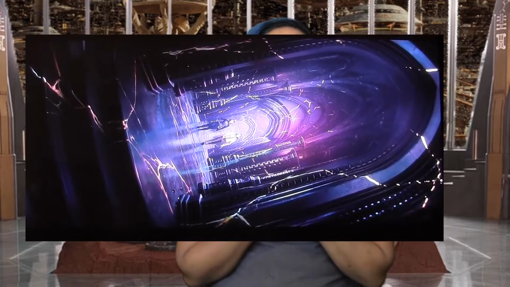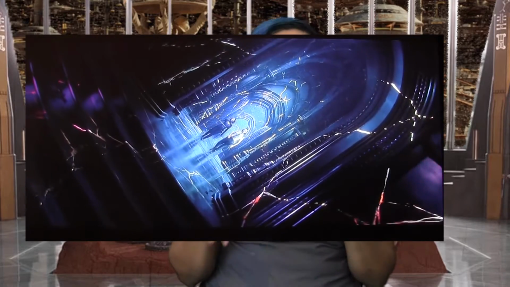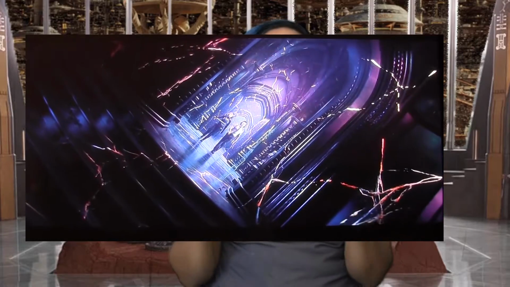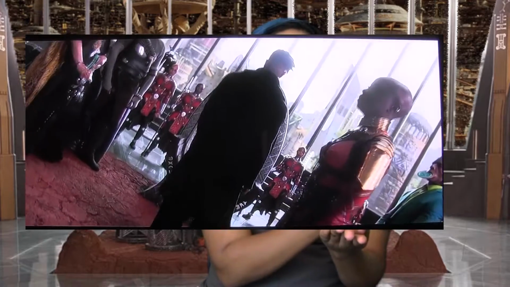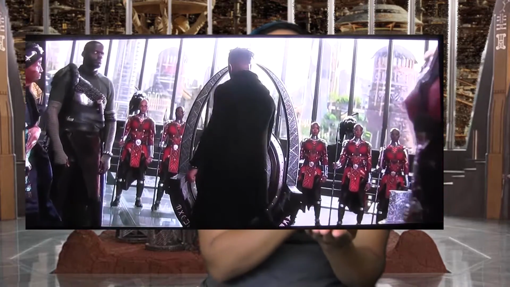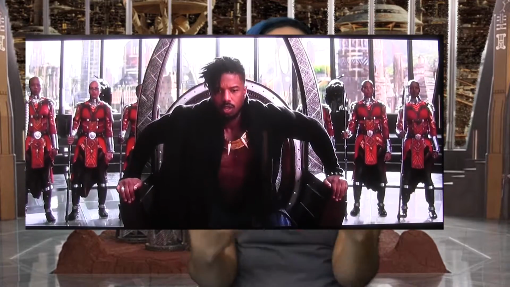I think they just wanted a winding spiral of time and to make it look like a tunnel and have that kind of image in the shot at all times, unlike in the Killmonger shot where it didn't matter because the focus was Killmonger himself. Everything else was just an add-on to that.